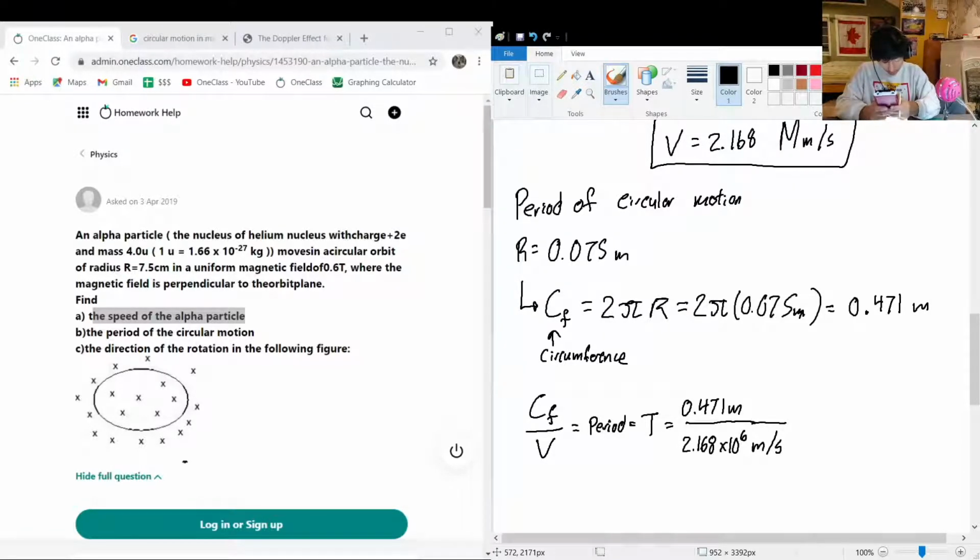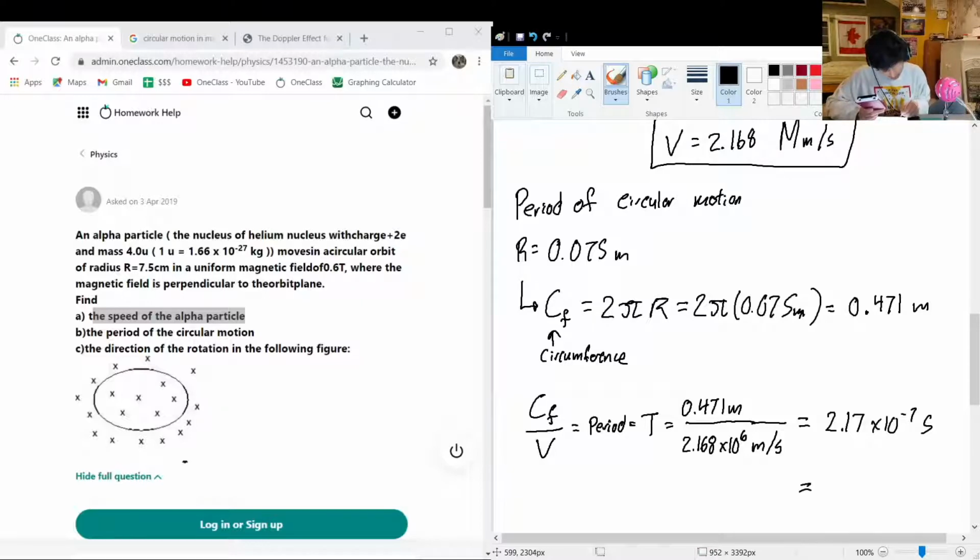So let's do that. 0.471 meters divided by 2.168 times 10 to the power of positive 6. And our result for this is 2.17 times 10 to the negative 7 seconds.